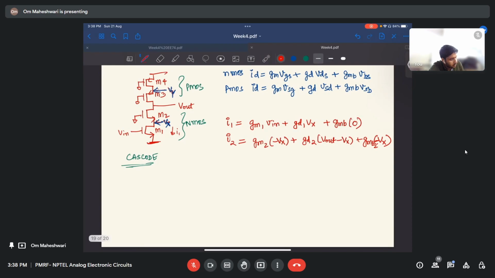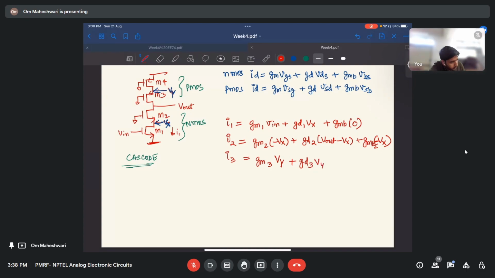So I3 is GM3 Vy. Now it is PMOS, so it will be VSG. This is source, this is gate. So VSG is Vy plus GD3 Vy minus V out plus GMB3 Vy.